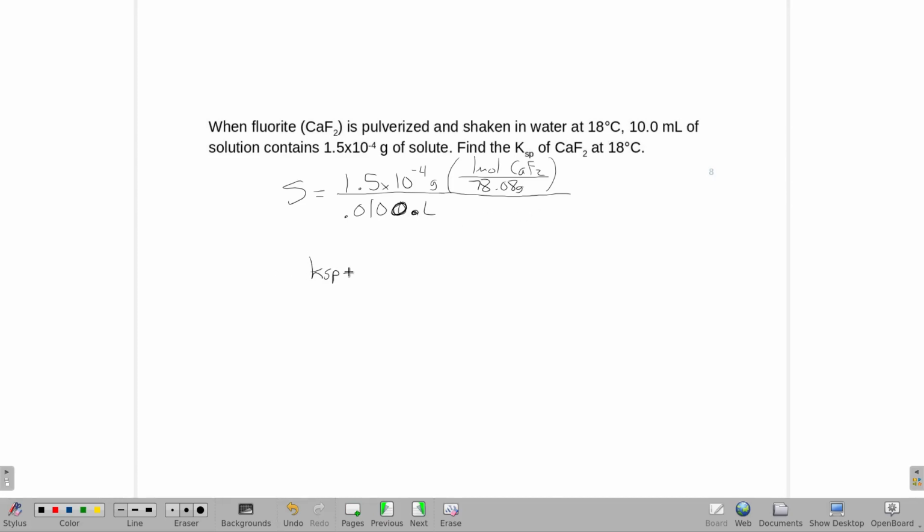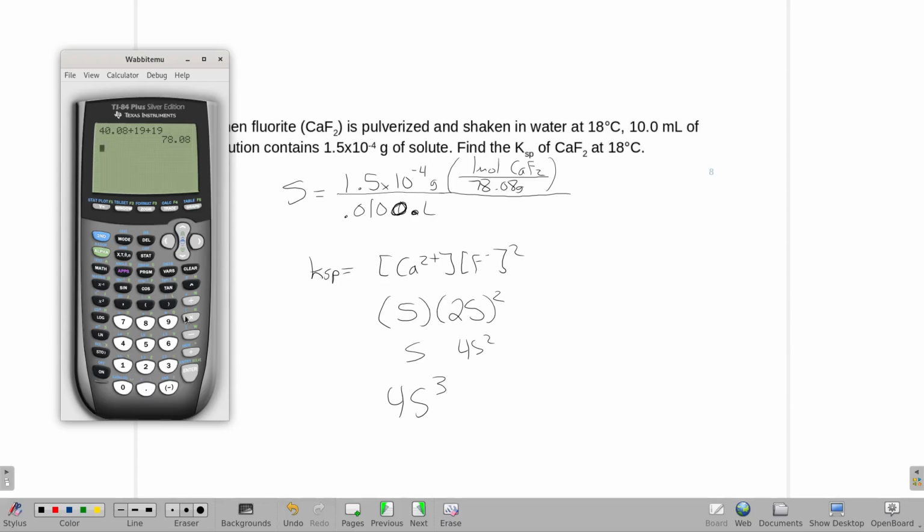Our KSP in this case is calcium fluoride. In terms of S, for every calcium fluoride there would be 1 calcium and 2 fluorines. So this turns into 4s squared times s, 4s cubed. So I'm going to solve for our s. 1.5 times 10 to the negative 4th divided by 78.08 divided by 0.01.